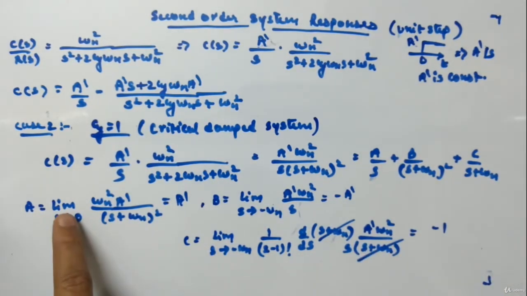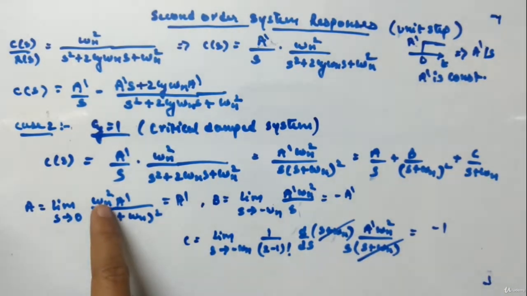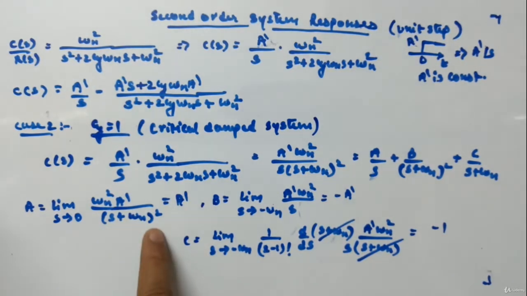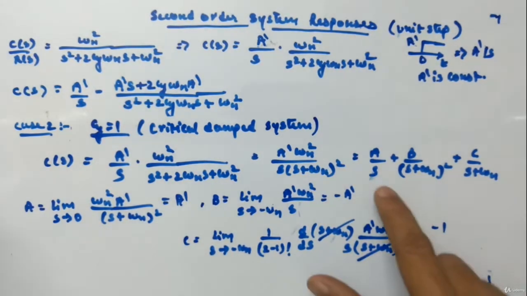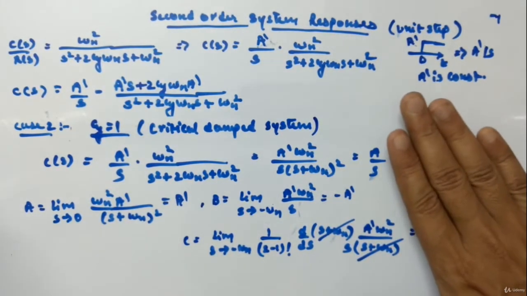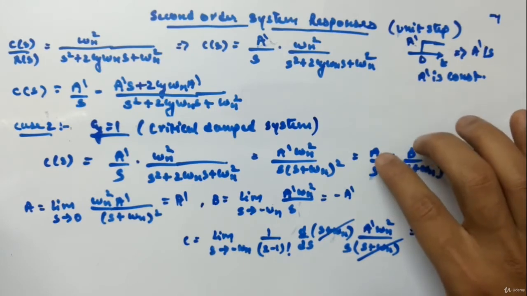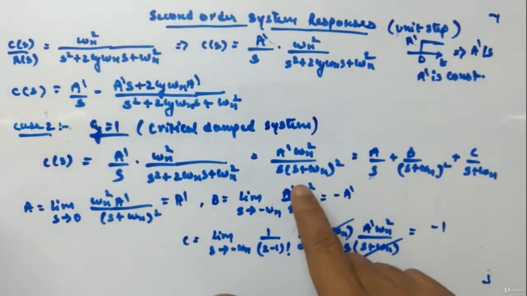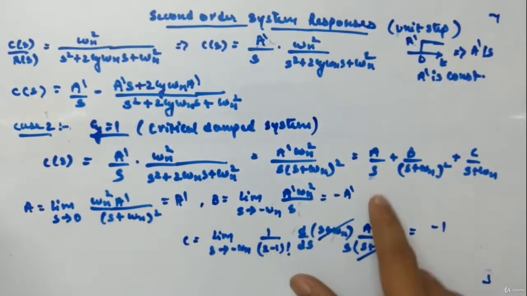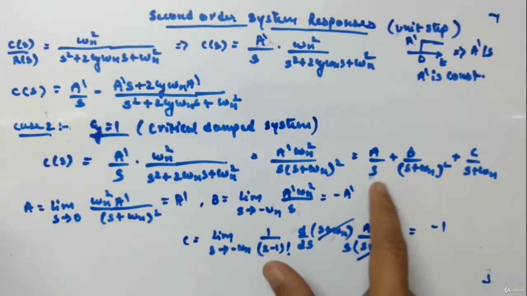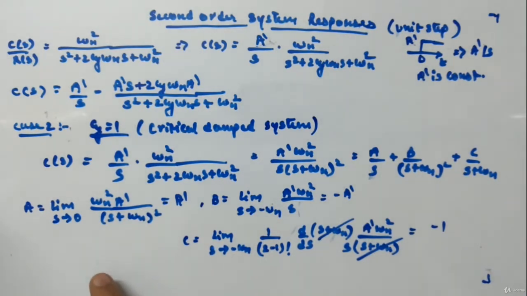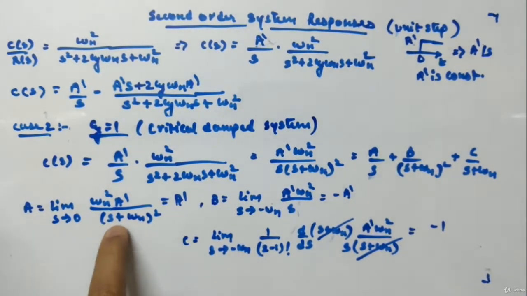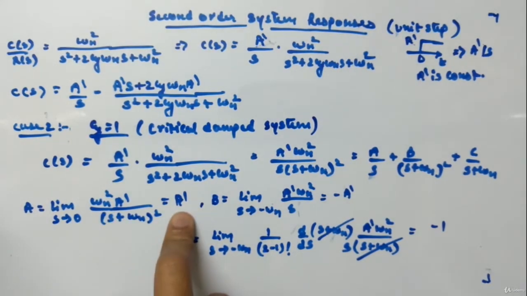So a can be written as limit s tends to 0 of omega n square a dash divided by (s plus omega n) whole square. Forget about this a. If you want to calculate it, take this term here, s will get cancelled, and all the values of s you will replace with 0, since the pole is at 0. So that's how you calculate it. You plug in the values of s, you will get a dash.